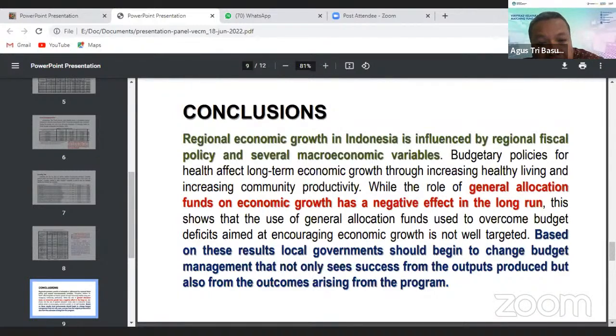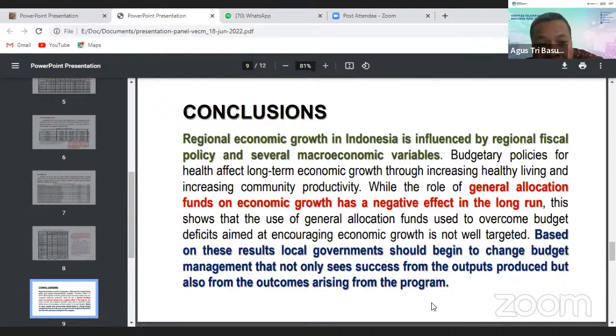But many people in government make mistakes in programs, and many programs can have a negative effect in the long run on economic growth.